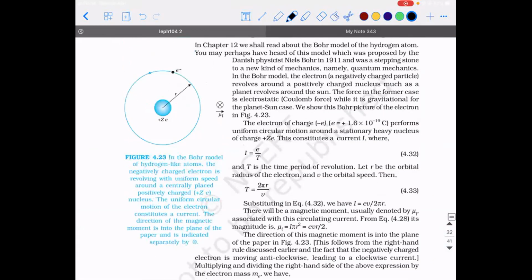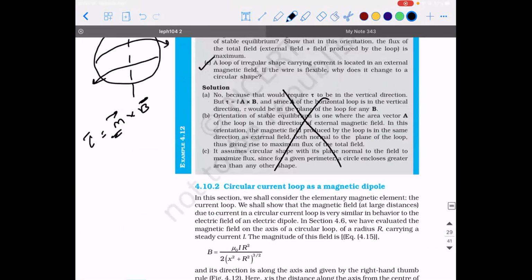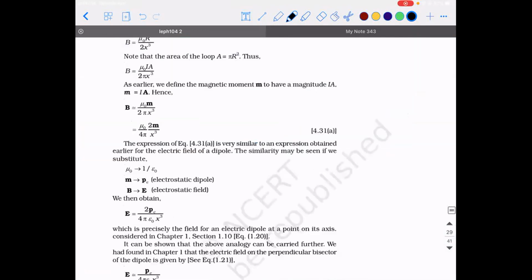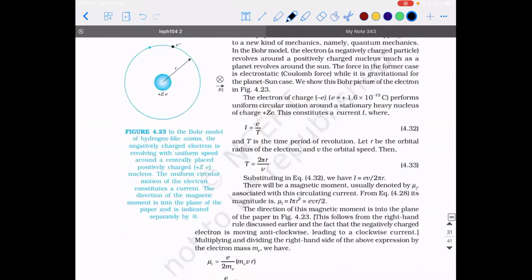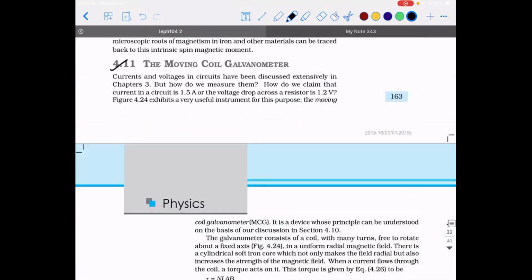So this concept is the beginning of the next chapter, but I will explain it there. So the last topic in this chapter is moving coil galvanometer. Write down the heading as moving coil galvanometer.